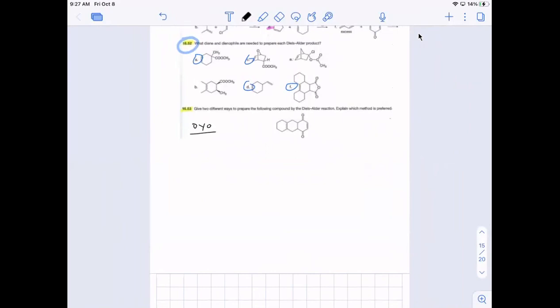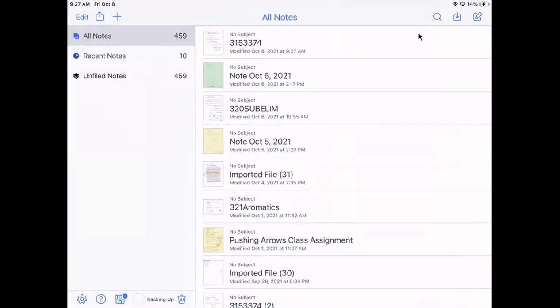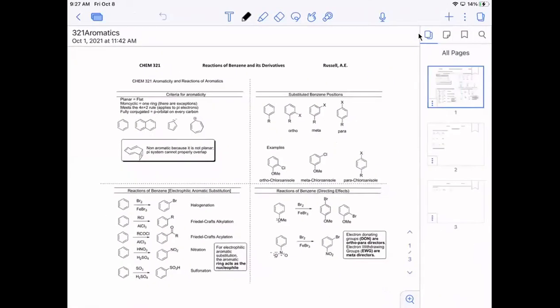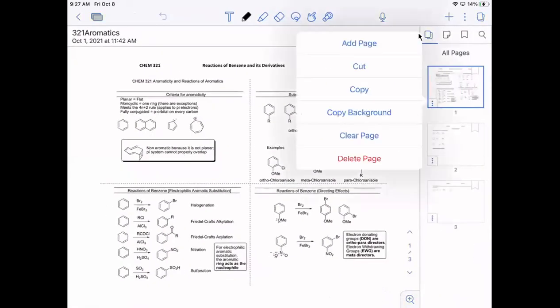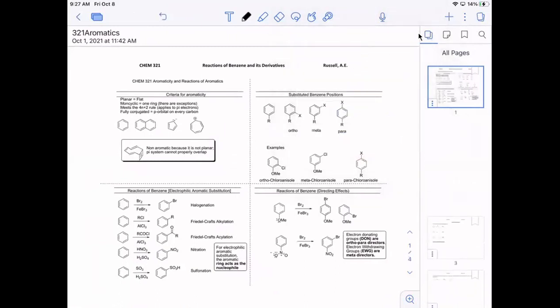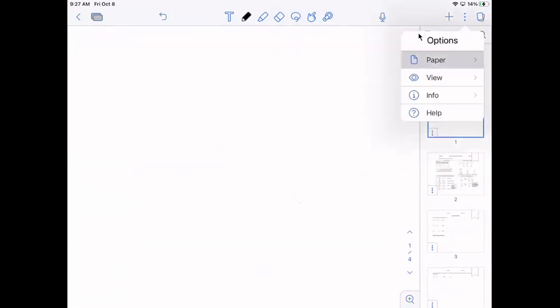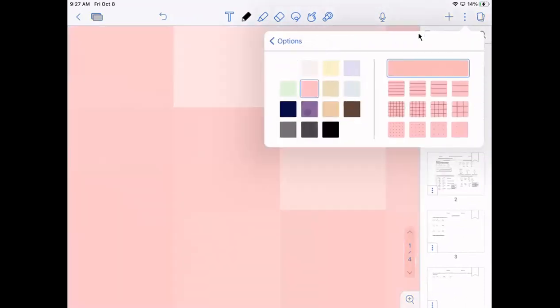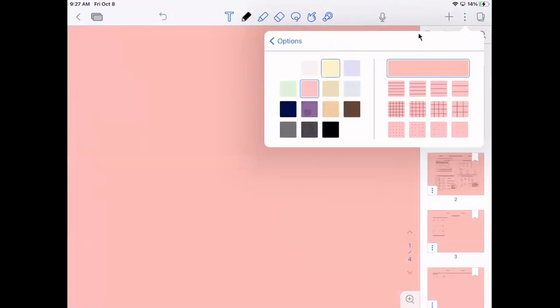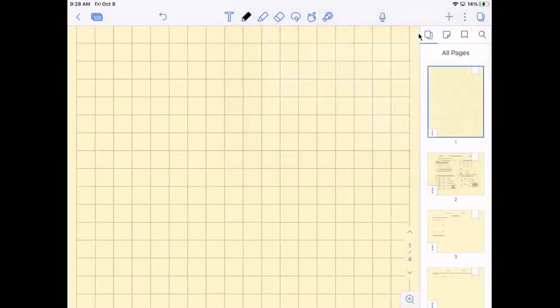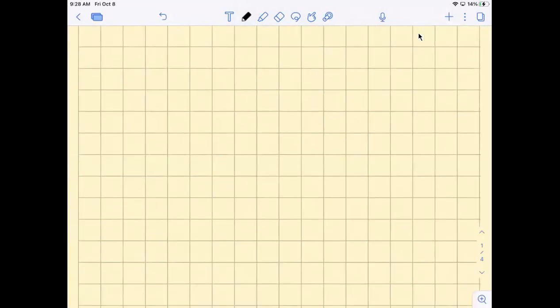So let me start a new page of notes. I'm starting here, but I'll add a page. So, let's see. All right, so now we're gonna shift gears.